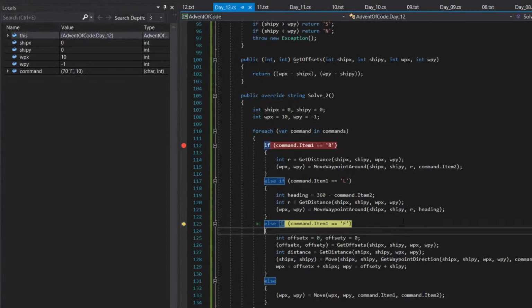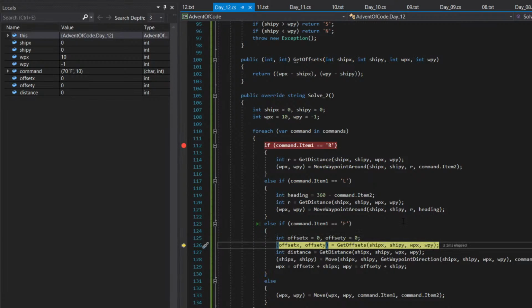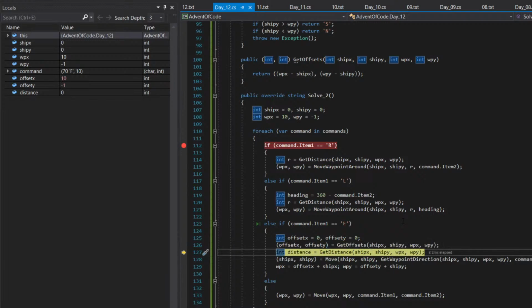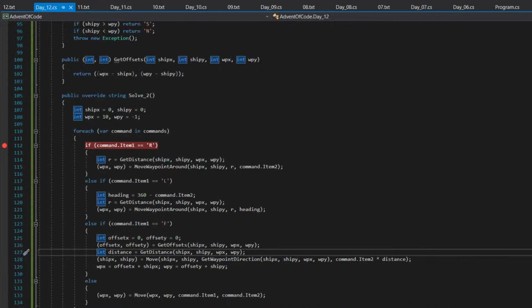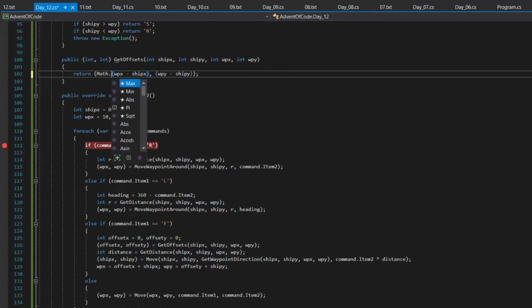So we got to F. Our offsets are 10 and -1. Okay. This should be an absolute.